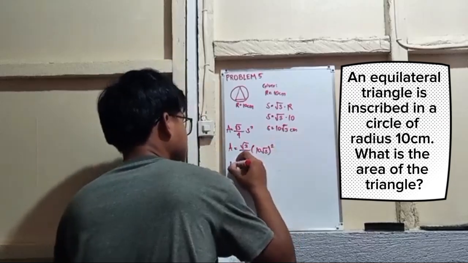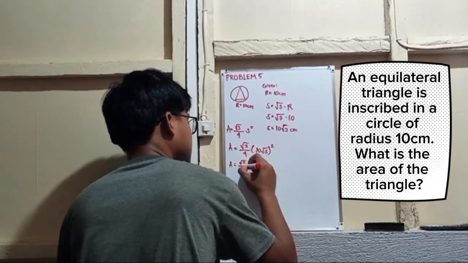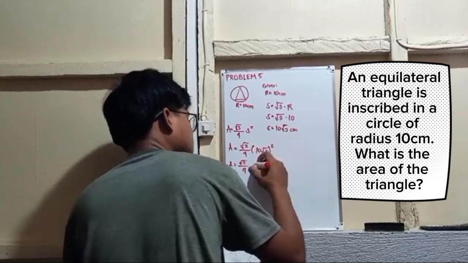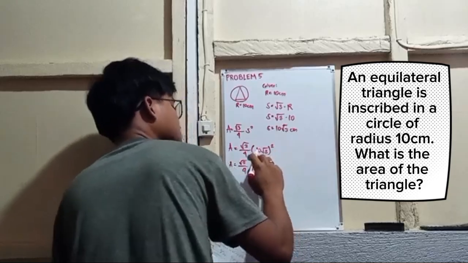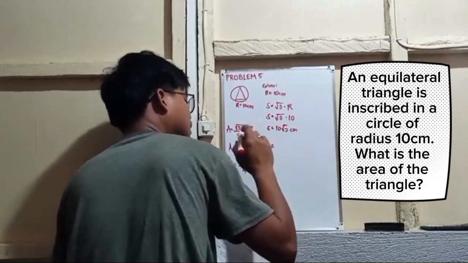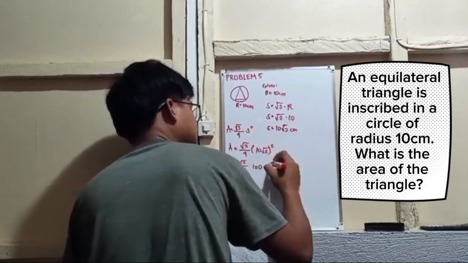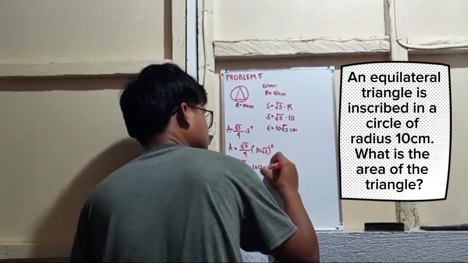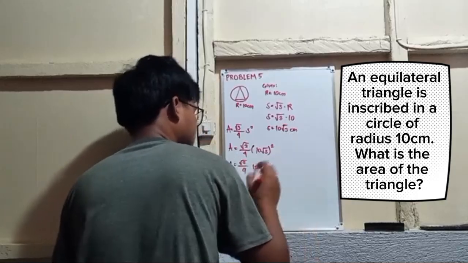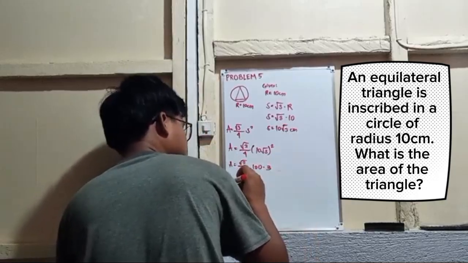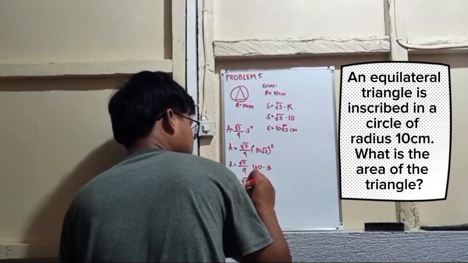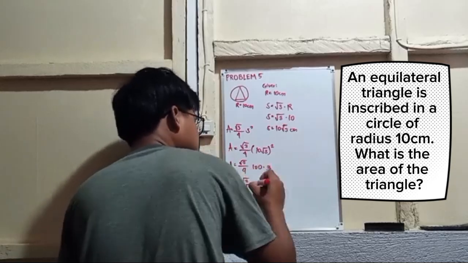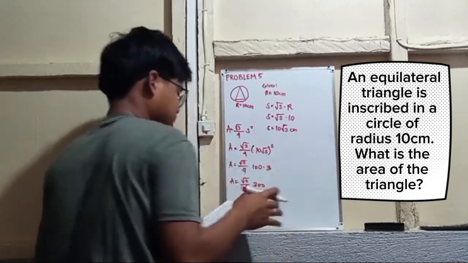So A is equal to square root of 3 over 4. Then squared, so 10 squared is equal to 100. Then square root of 3 squared will only cancel the square root, so it's equal to 3. Then times the 100 over 4. 100 times 3 is equal to 300.